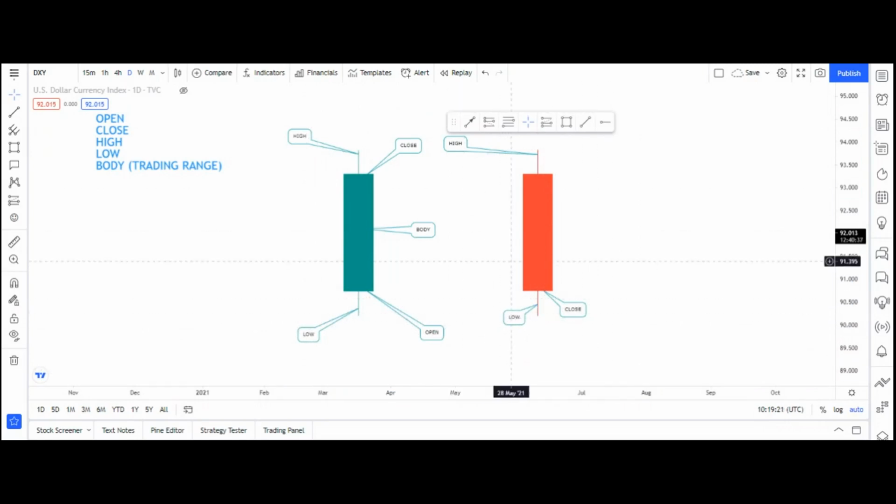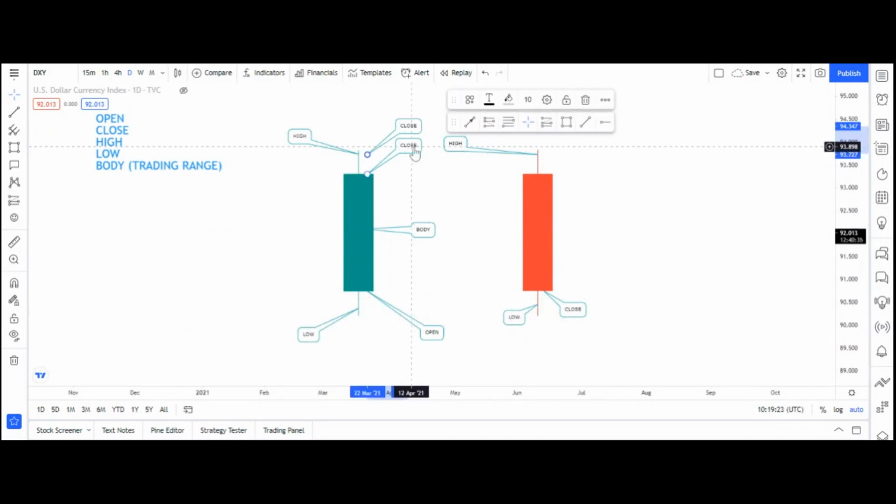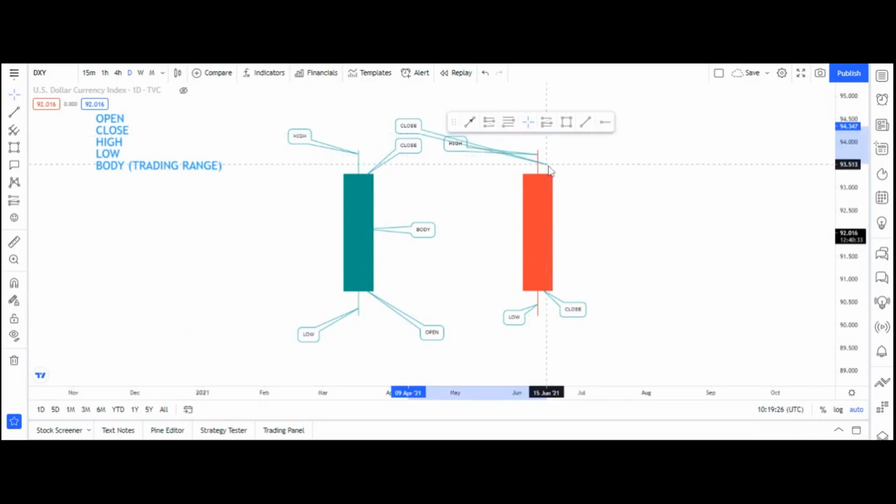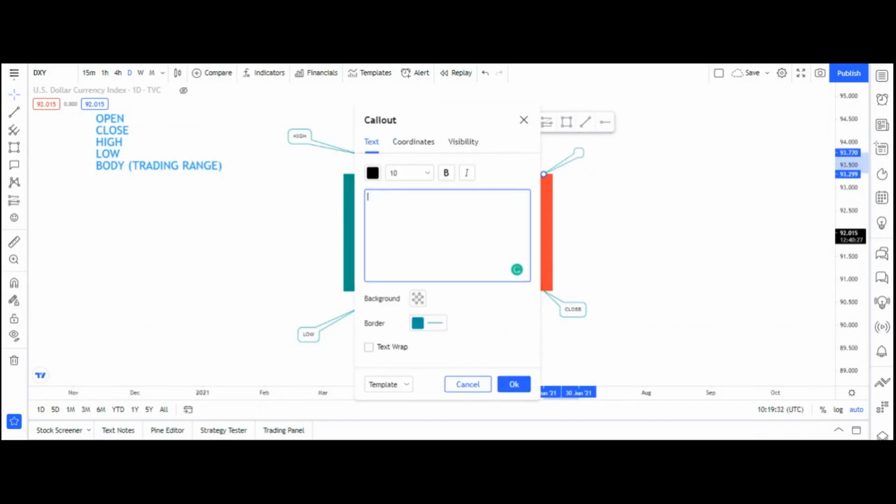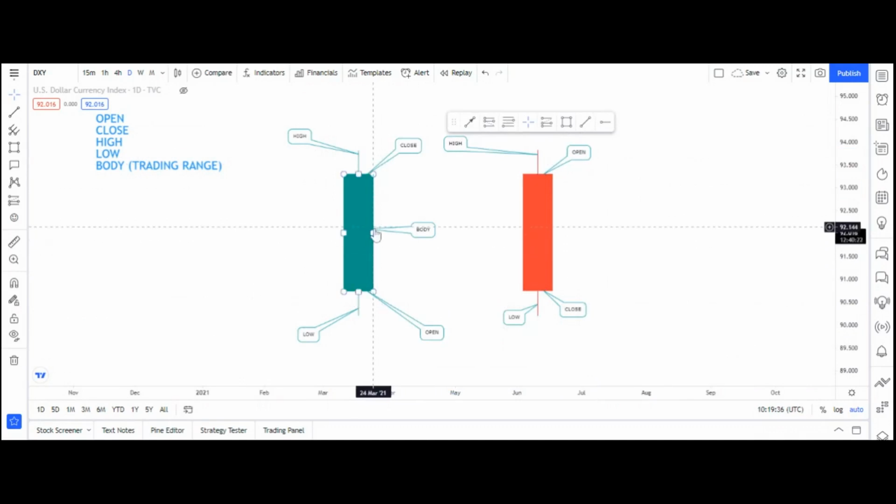Below is the low for a bearish candlestick. Above is the open for a bearish candlestick. And the body remains the same.